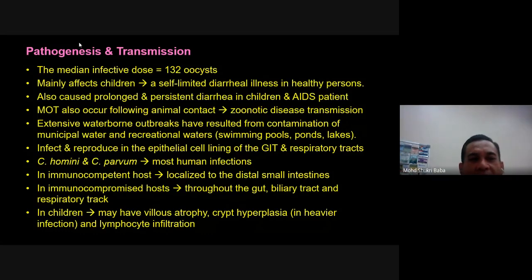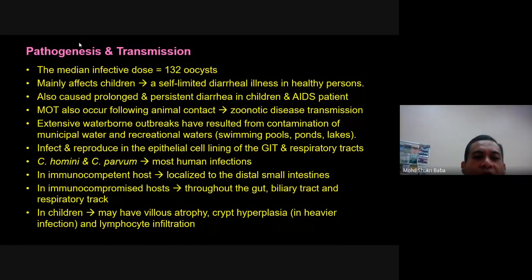There are two species that cause most human infections: Cryptosporidium hominis and Cryptosporidium parvum. In immunocompetent hosts, they localize in the distal small intestine.